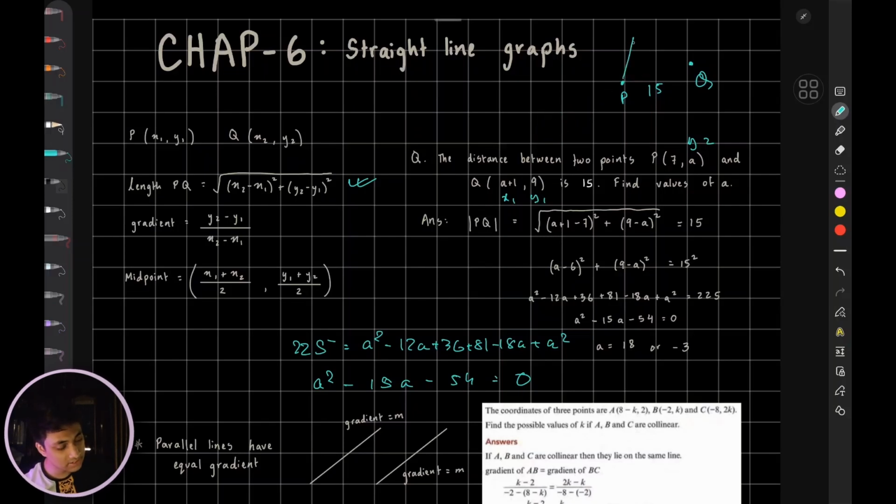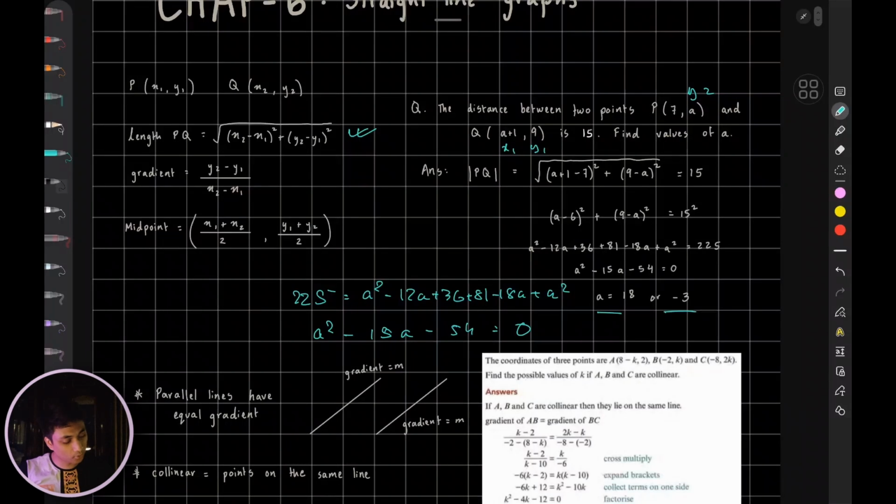Or Q can be in this position over here and still have a distance between them of 15 units. So there are actually more than one possible way to still get the same distance of 15 units, which is why you're getting two possible outcomes for a such that the distance between P and Q is going to be 15 units, right? So when you solve this quadratic equation, these are going to be your answers.